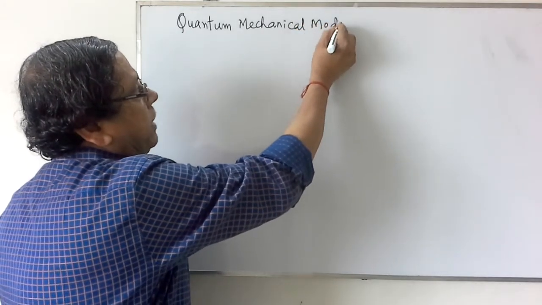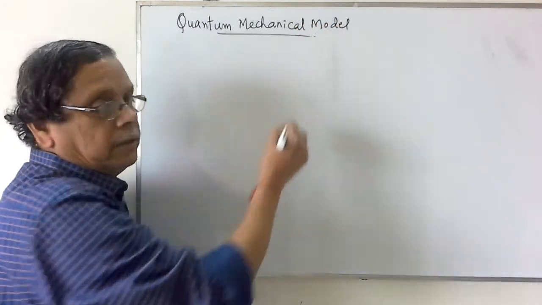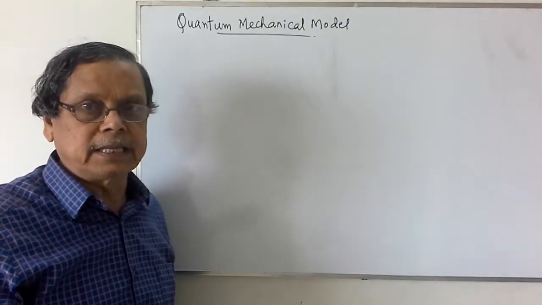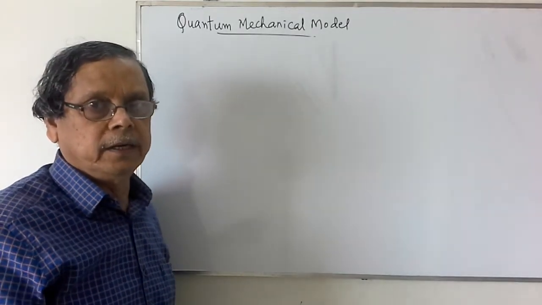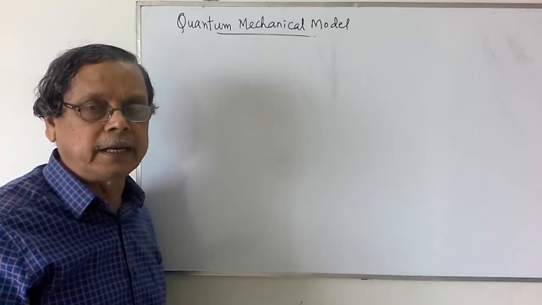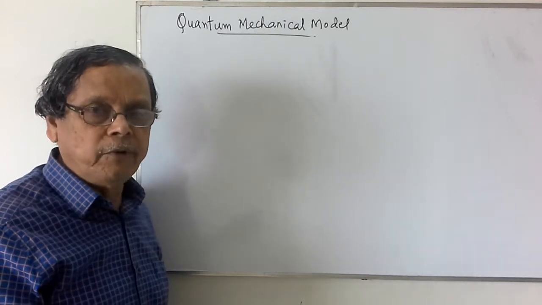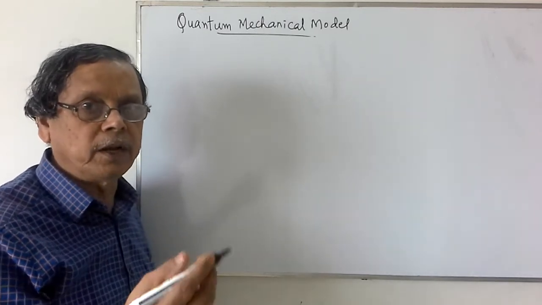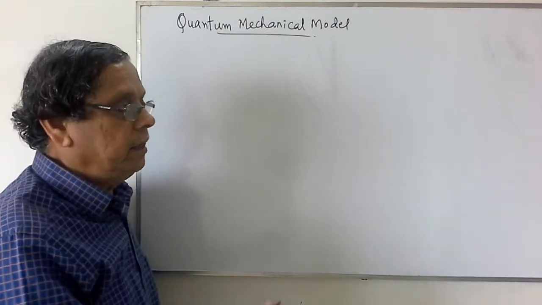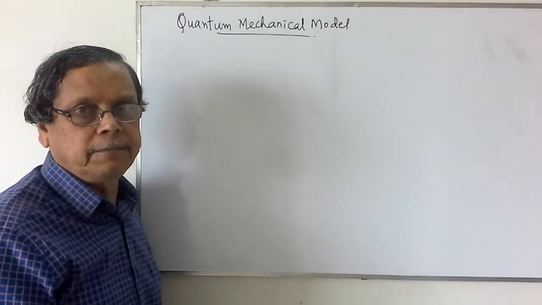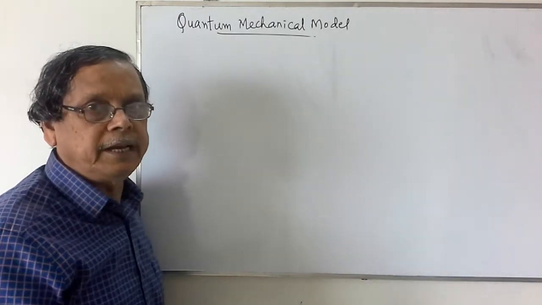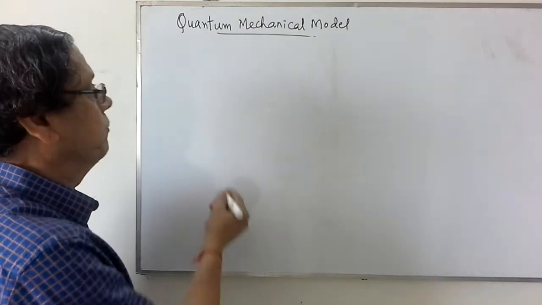In this quantum mechanical model, Schrodinger and various other scientists considered both the particle nature as well as the wave nature of the electron, that is, the dual nature of the electron, and they derived an expression, and that expression is named the Schrodinger wave equation.